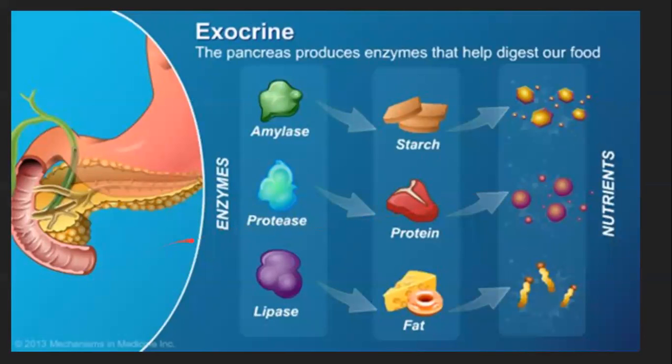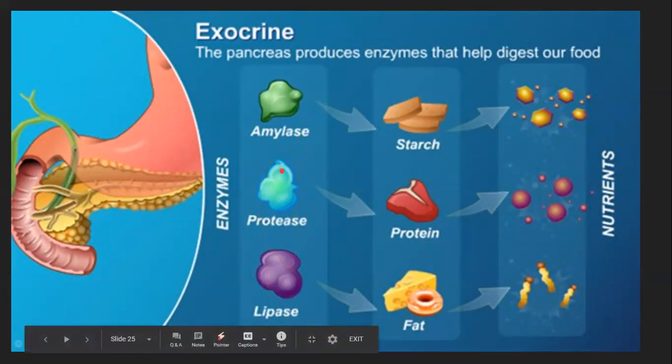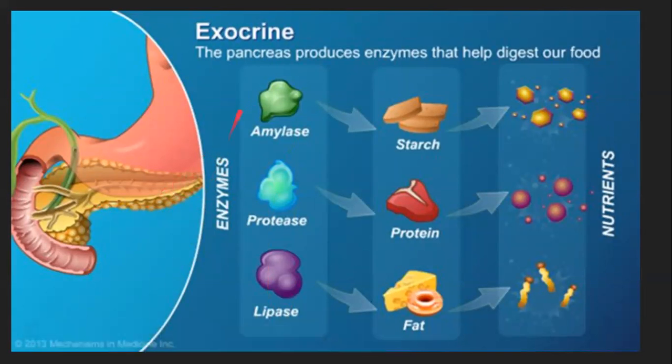So this over here tells us about the pancreas. The pancreas, remember, is attached to the small intestine. One of the important things that it does is that it produces enzymes that digest the food. So these are three of the main enzymes that it produces. There's different names that they have, but these are the three main types.